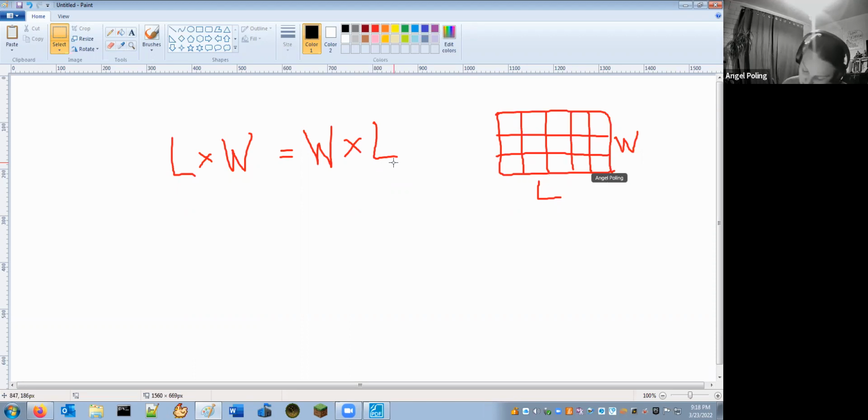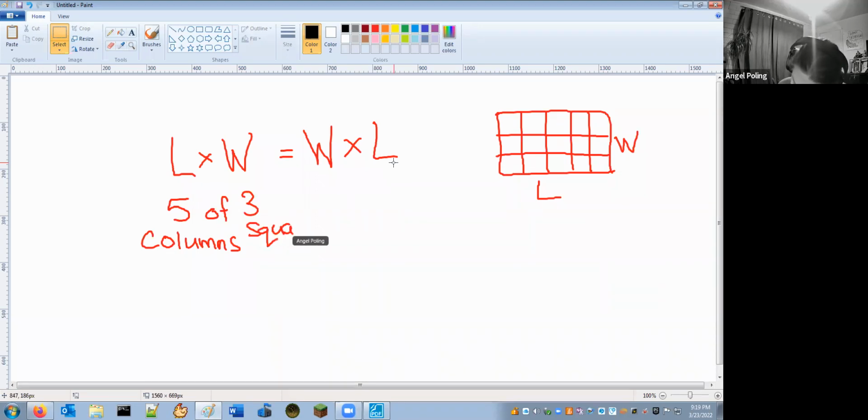So for example, this could be 5 columns of 3 squares per column. And that has the same value.